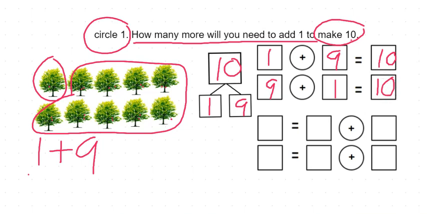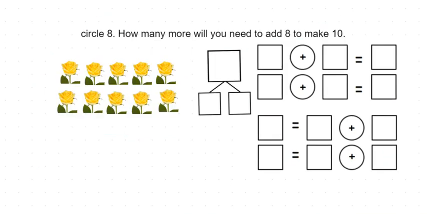And if we're going to turn it around, we can say 10 is equal to 1 plus 9, or we can say 10 is equal to 9 plus 1. See? Very, very easy. Now, let's look at another one.